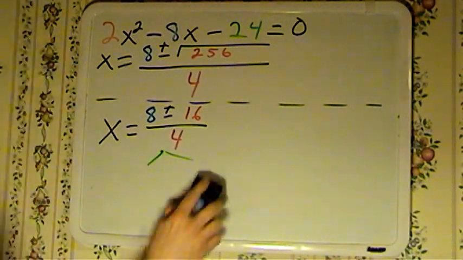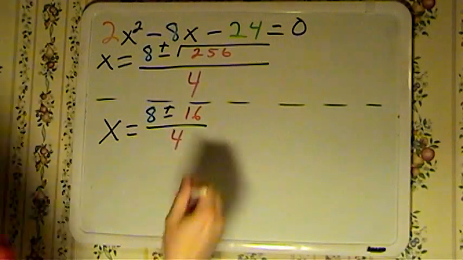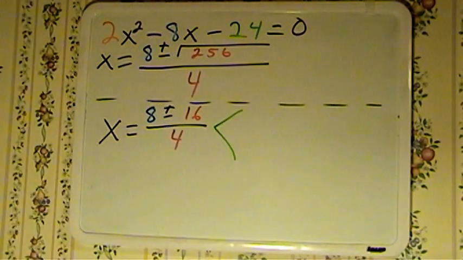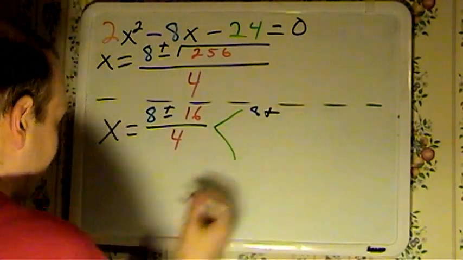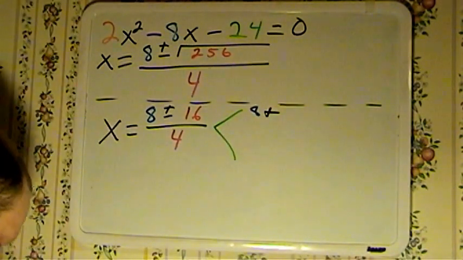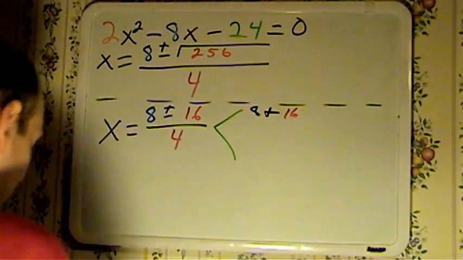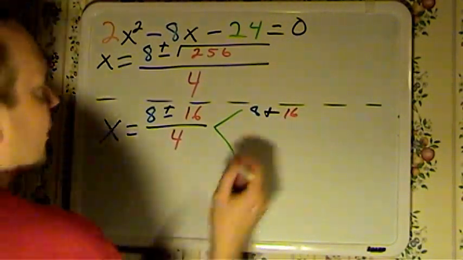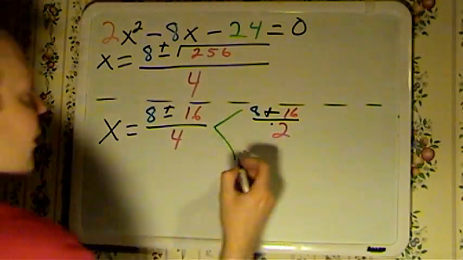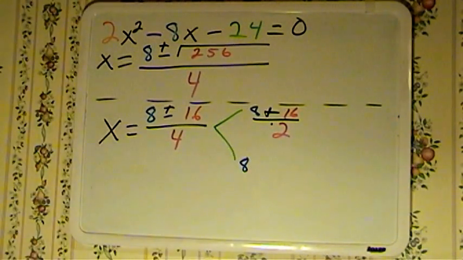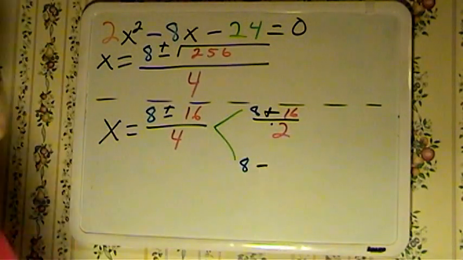That's probably not the best way to do this. Let's do this sideways. We break this out into 2 equations. One being 8 plus 16 divided by 2, and the other being 8 minus 16.